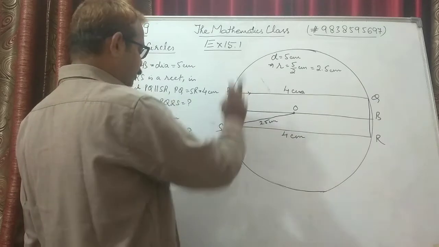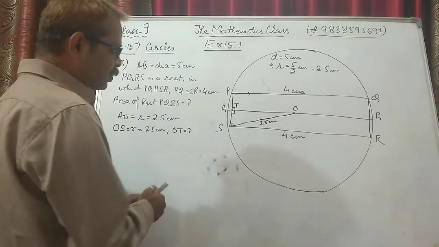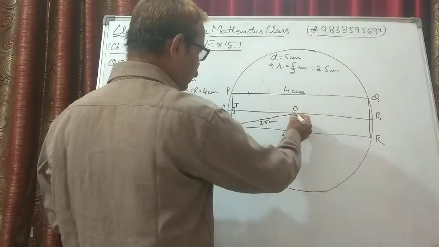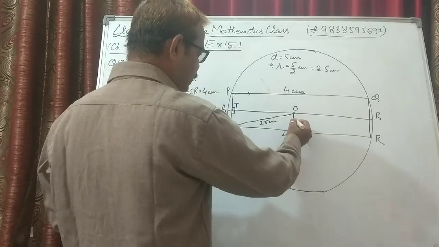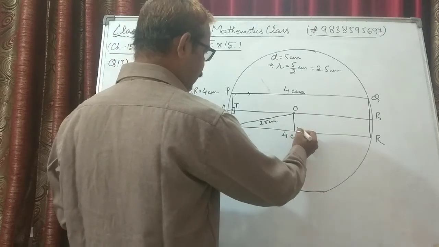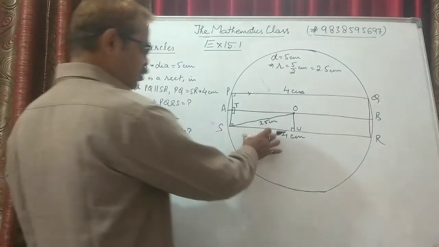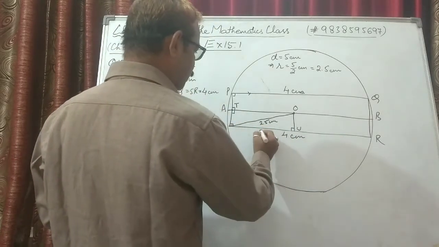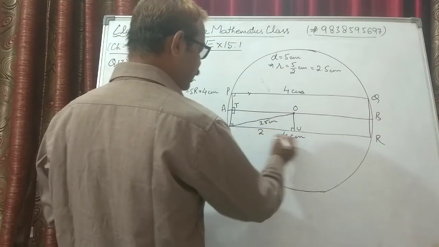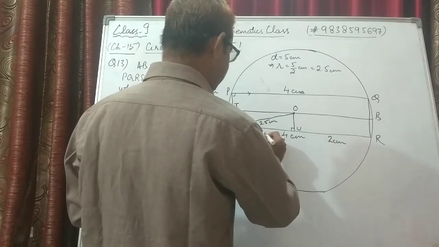Now what we will do, we will draw a perpendicular from O on SR like this. Let us name this point as U. This is 90 degrees. Now this total SR is 4, so this SU will be 2 centimeters and UR also will be 2 centimeters.